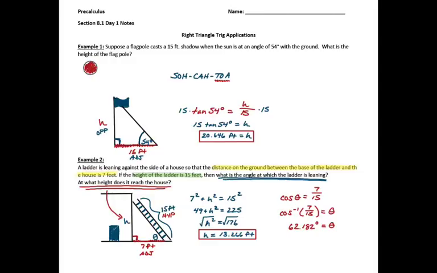So at times you'll have to use your inverse cosine, inverse tangent, or inverse sine functions if you're looking for an angle, or you'll have to use the correct trig function to find a side length. It just depends on what the context is.